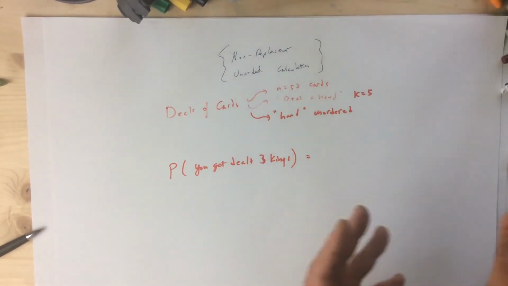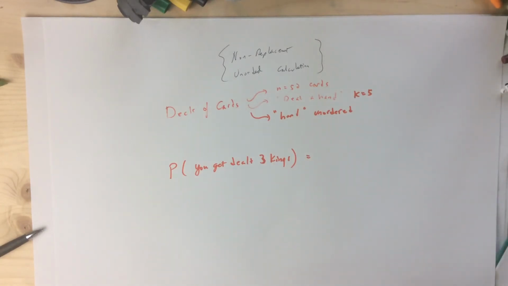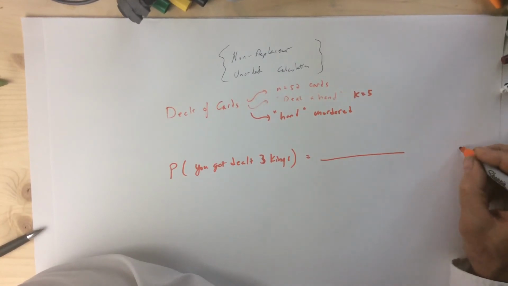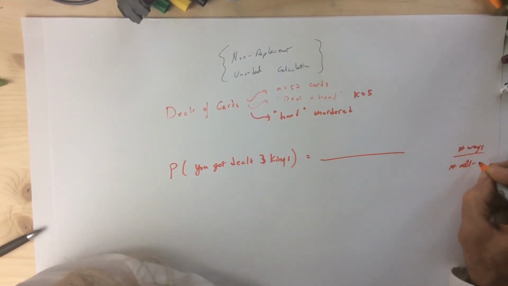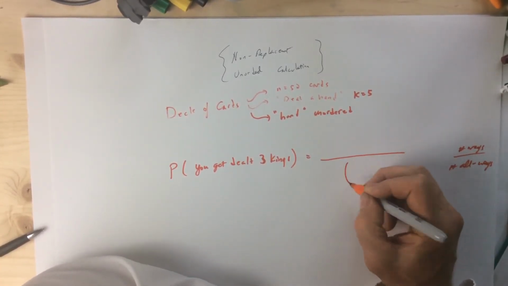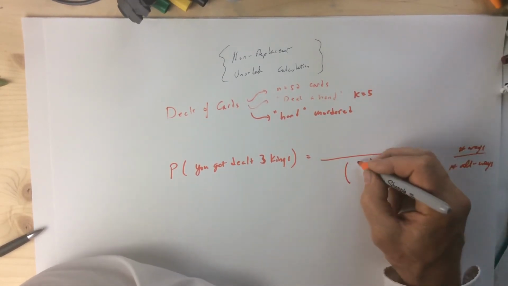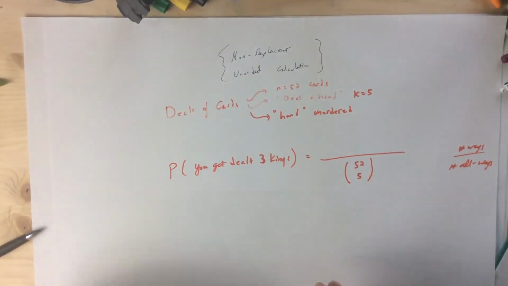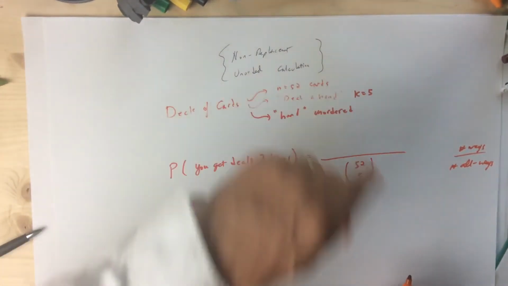Now, this model is an equally likelihood model. We claim that we can deal 5 cards, that you got a hand. If we do every single one of them, they're all equally likely. So the number of ways over the number of all the ways is an equally likelihood probability. So how many ways can we deal a 5-card hand? Well, we use the combinatoric rule, 52 choose 5, because it's unordered. So there the hand is unordered.